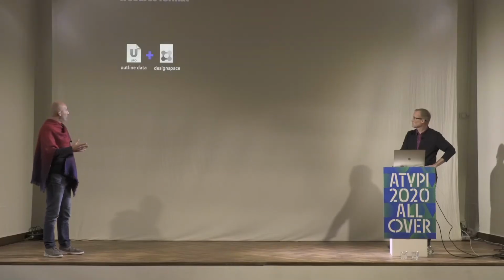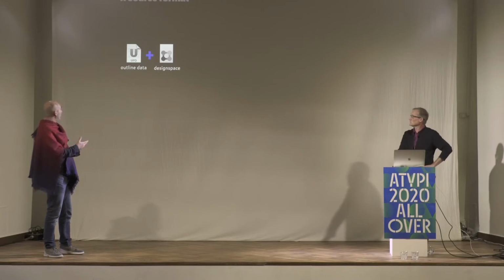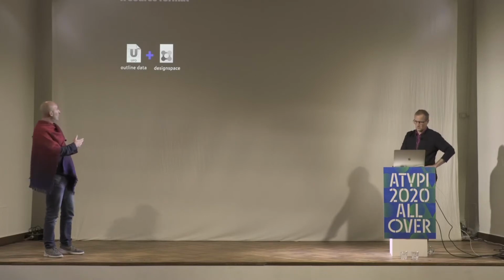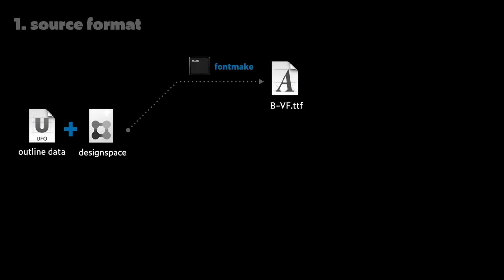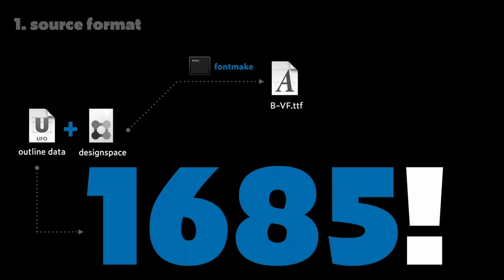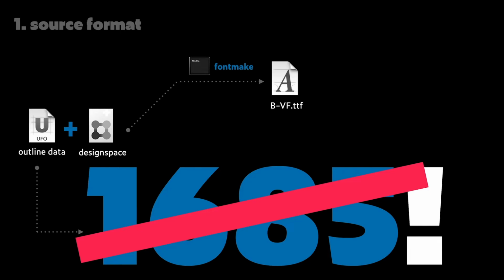Once you put this in the perspective of the classical design space approach, this makes it very difficult, because if you have the outline data and the design space, and you want to generate this font with fontmake into a variable font, you would need to have 1,685 masters, and of course it's a very large number, and we cannot design so many masters. That's not possible.